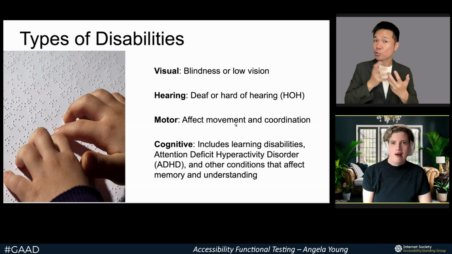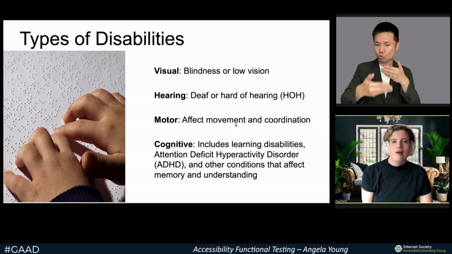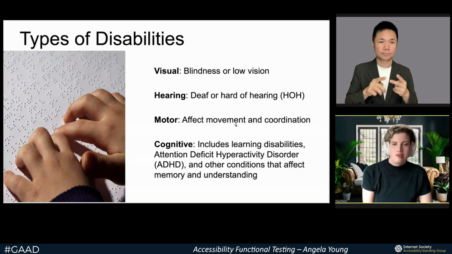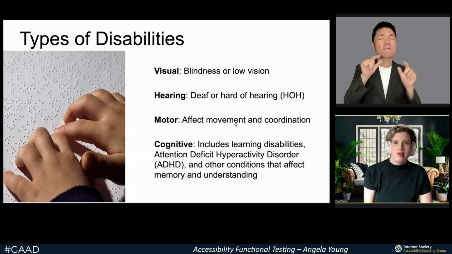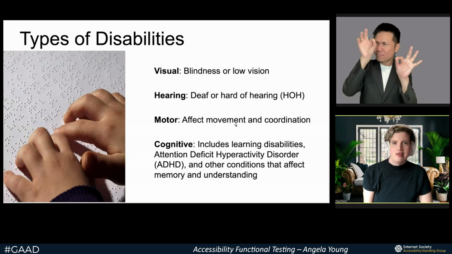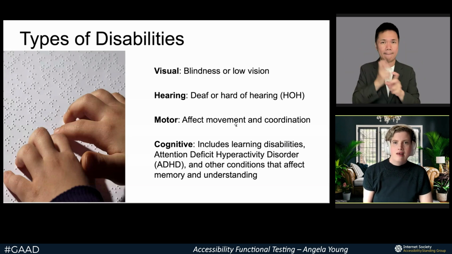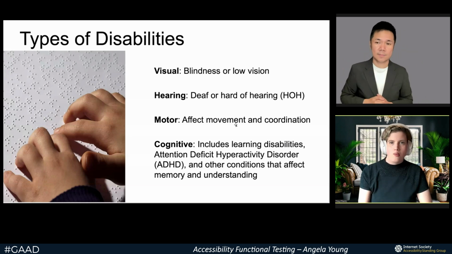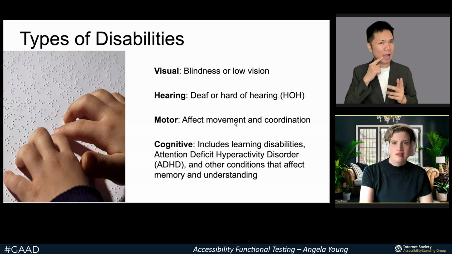That's where color contrast really comes into play. Also, you want to think about the types of fonts that you're using, because people with visual disabilities might have trouble distinguishing them, especially if the fonts are really fancy or something different that you're not usually seeing on a digital website or online experience.